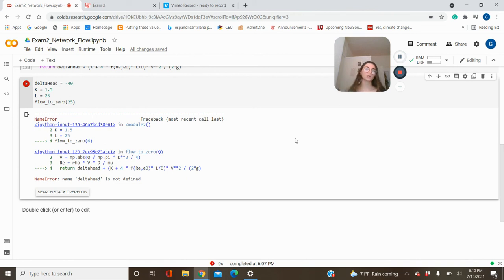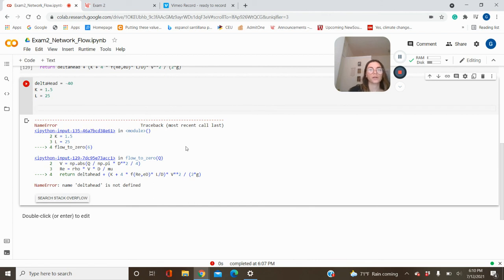Alrighty, sorry about that. So I messed up because we don't need to be doing this. We need to make our function for making our flow rate guess, which is going to allow us to make a more concise guess with a smaller range of values.